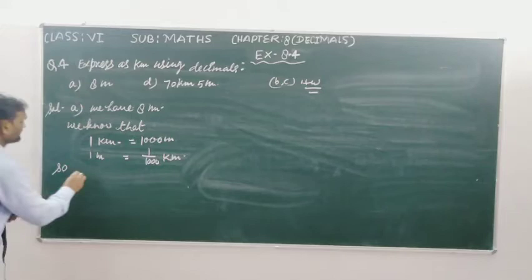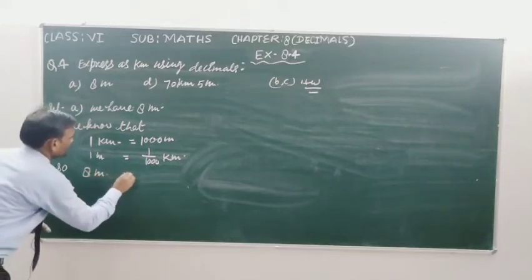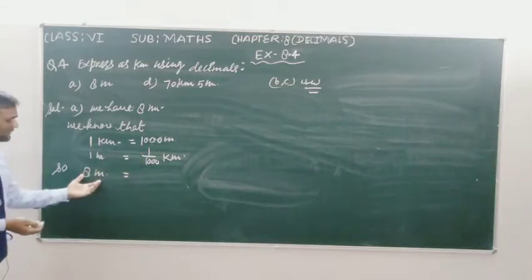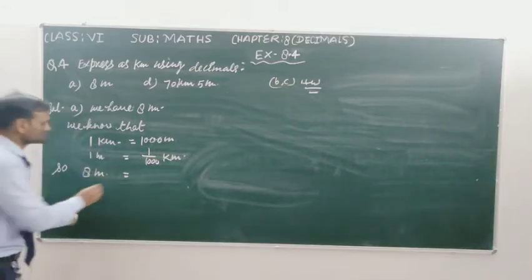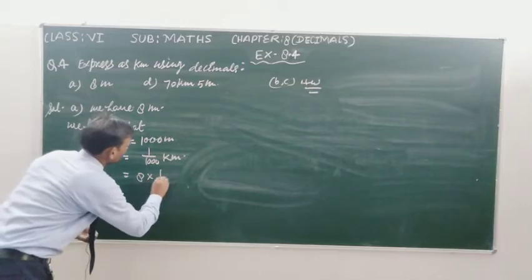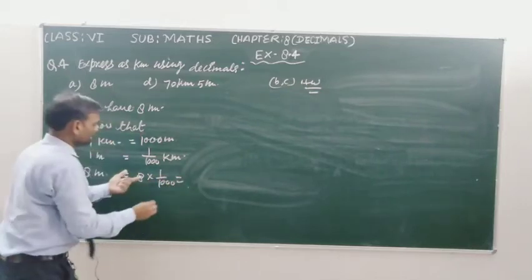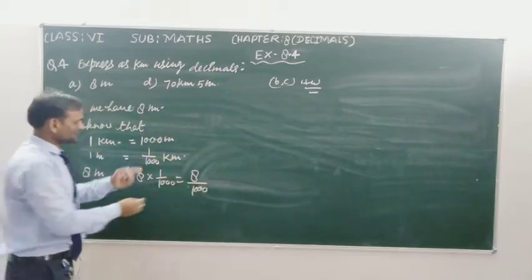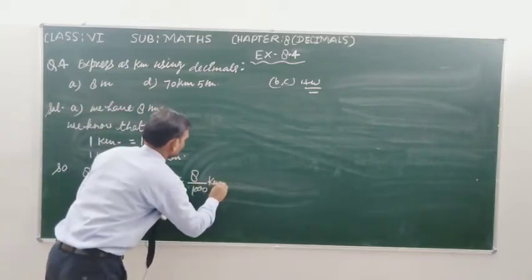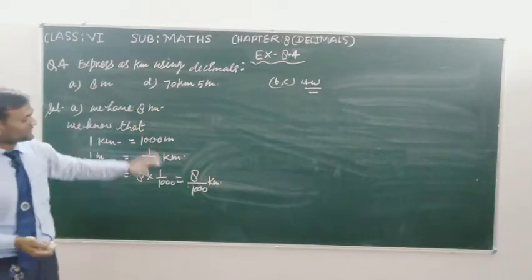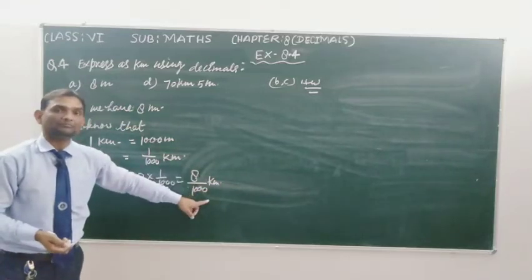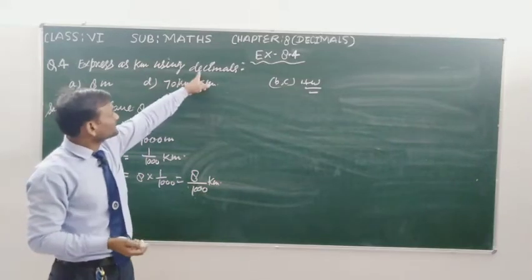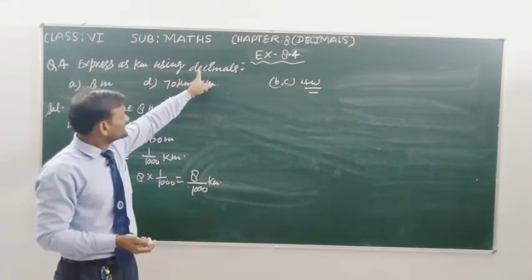So 8 meter: the value of fewer things is known, we need to find the value of more things, so we multiply, student. 8 into 1 upon 1000, we get 8 upon 1000 kilometer. Now you have changed 8 meter in kilometer, but in fractional form. You do not need to write your answer in fraction form, write your answer in decimal form.